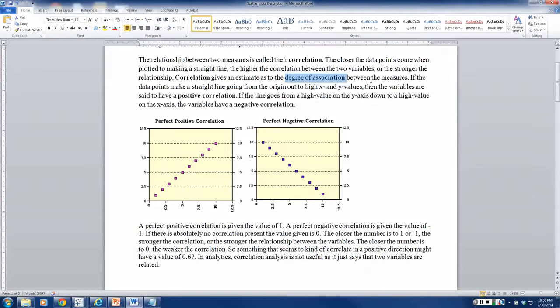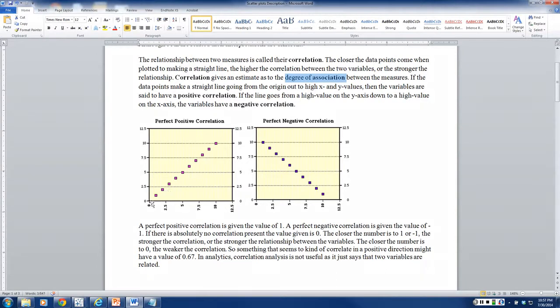If we plot two values in two axes, y and x, how closely these variables, not the values, variables are related to each other. So here you have, let's say, in one axis a plot of something, another axis another, and you plot a line. You will see that the degree of association is determined or shown in this line.